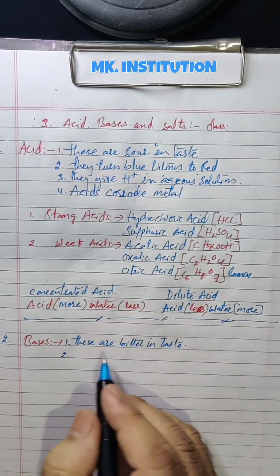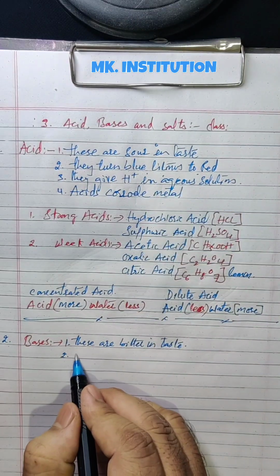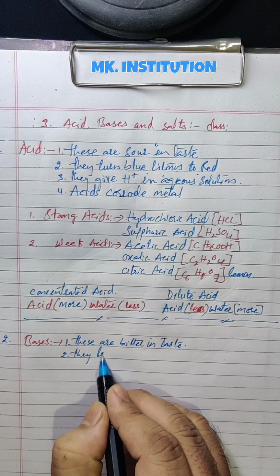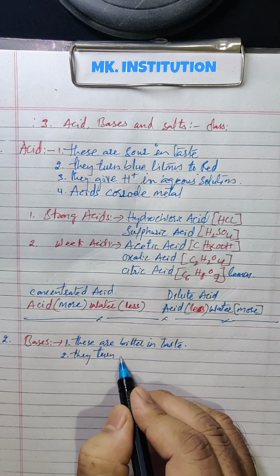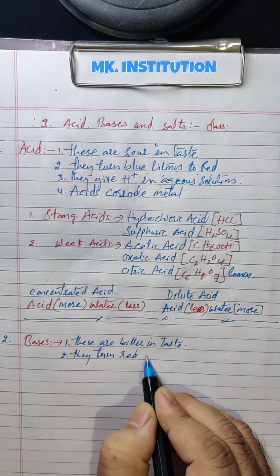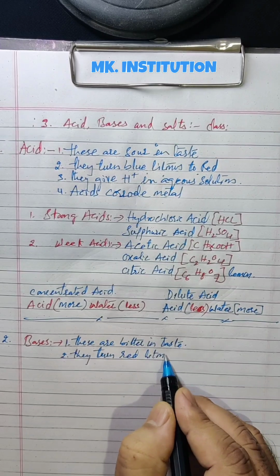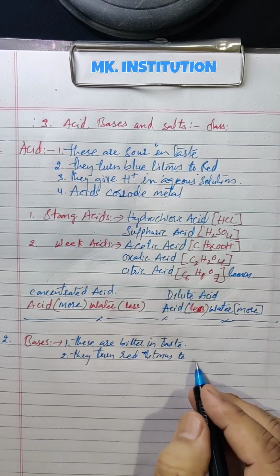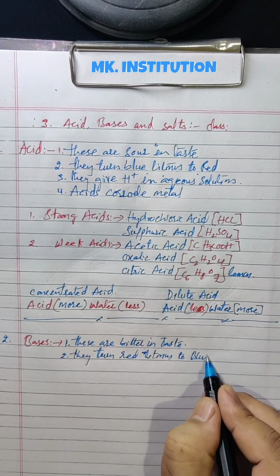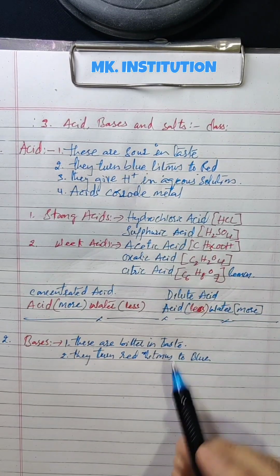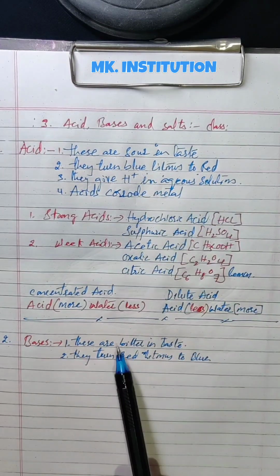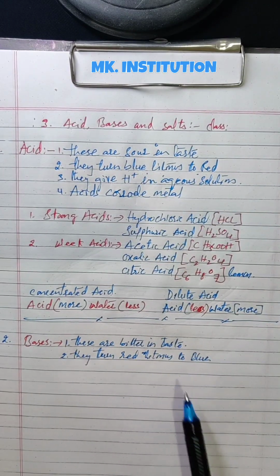The second point is opposite to acid: red litmus. Here you can write they turn red litmus to blue. If it is an acid, it turns blue litmus paper to red, and if it is a base, it turns red litmus to blue.